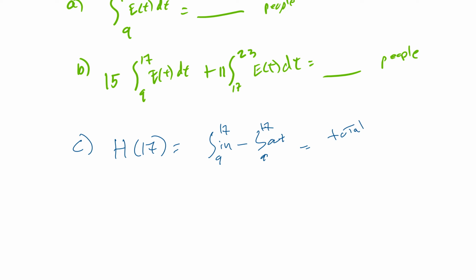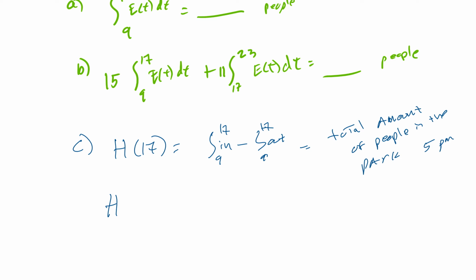When you do in minus out, it's the total amount of people in the park at 17, which is 5 p.m. That's all that is. So H of 17 is the total amount of people in the park.